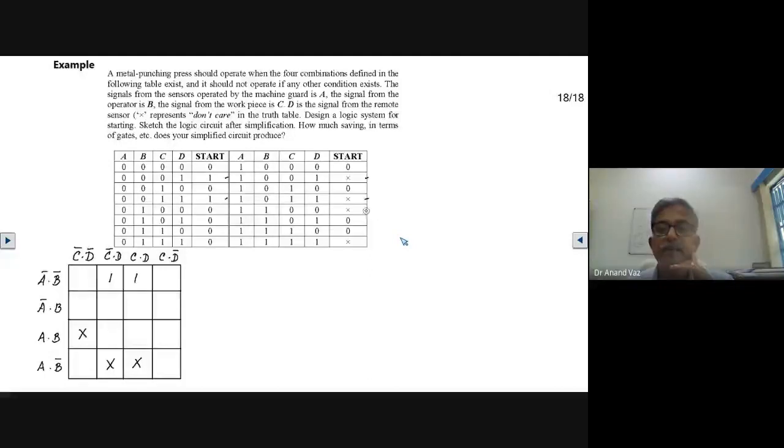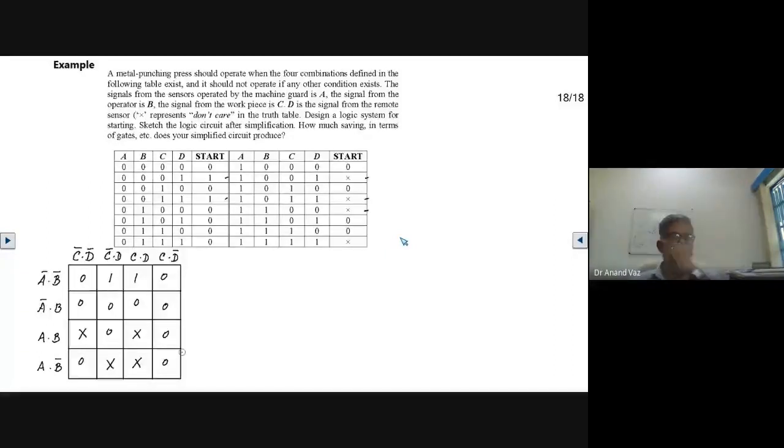And finally, A and B and C and D. That is here. All the other elements will have zeros. So this completes your Karnaugh map. Be sure to fill up the zeros. Otherwise, your Karnaugh map is incomplete.